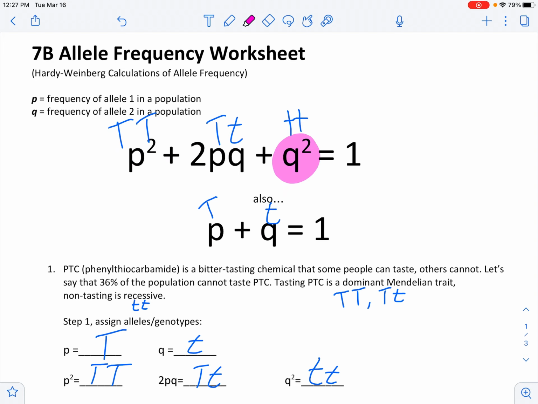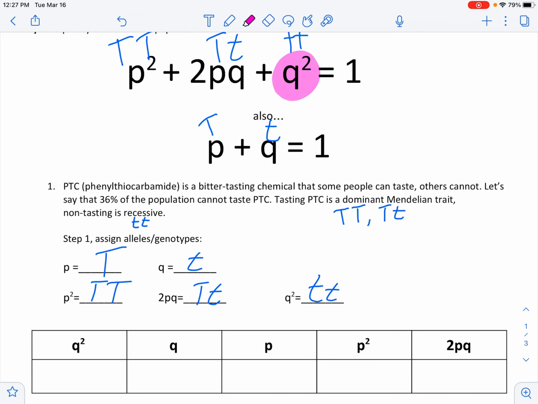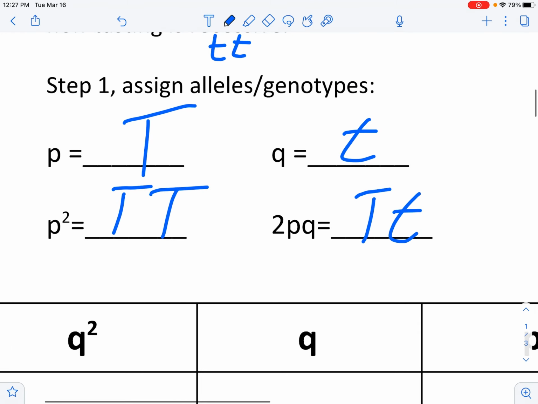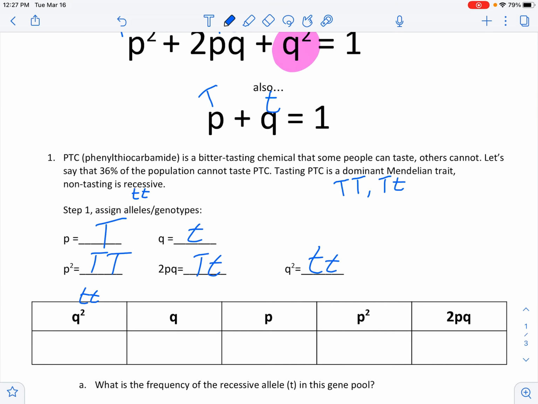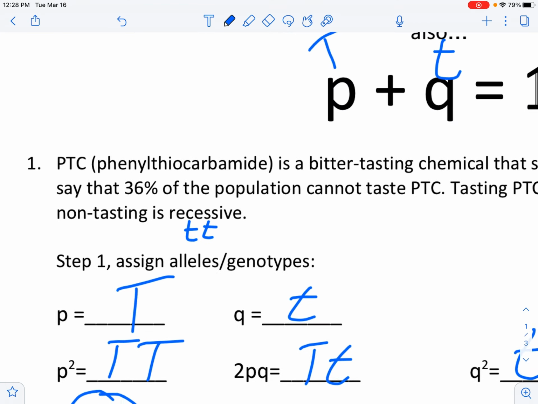It's not like you start with one and then just solve it necessarily. So what is q squared? Again, q squared is that genotype. As a decimal, what's the frequency of the lowercase t genotype? That's in the word problem.